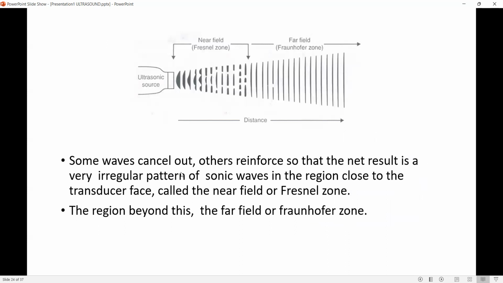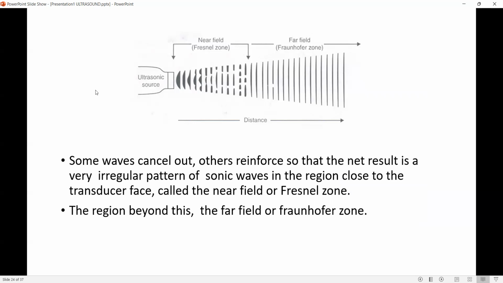Some waves cancel, but others reinforce, so the net result is a very irregular pattern of sonic waves in the region close to the transducer face, called the near field or Fresnel zone. The region beyond this is the far field or Fraunhofer zone.